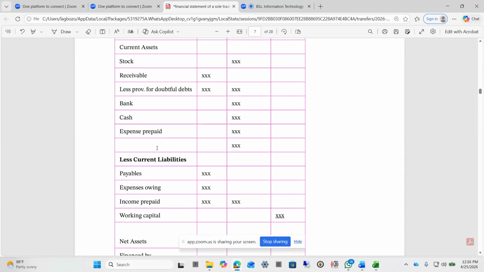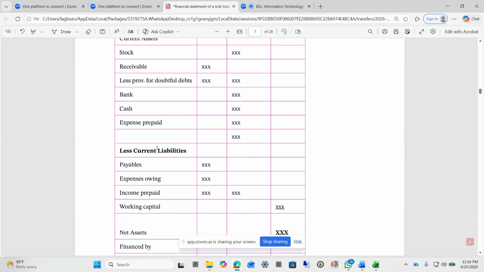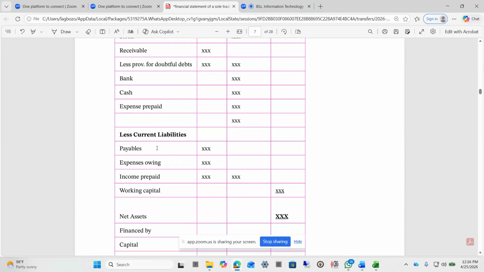Now, if you subtract your current liabilities from your total assets, then you will get your net asset. Is that also okay?